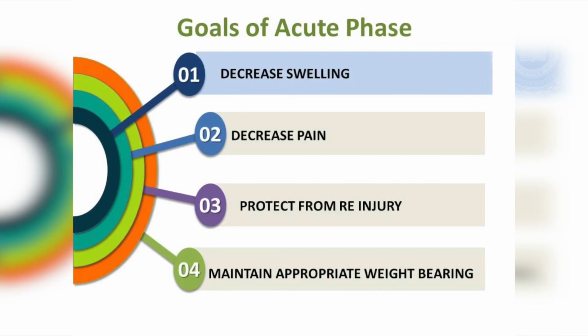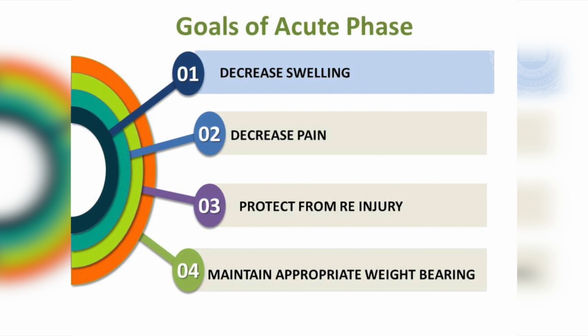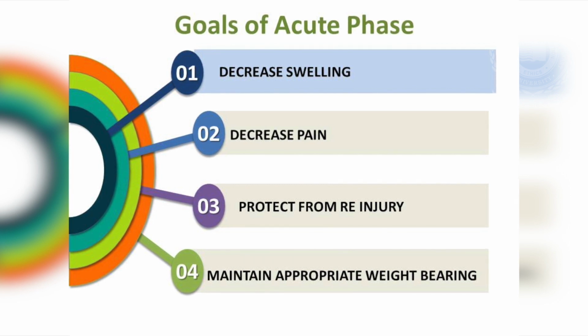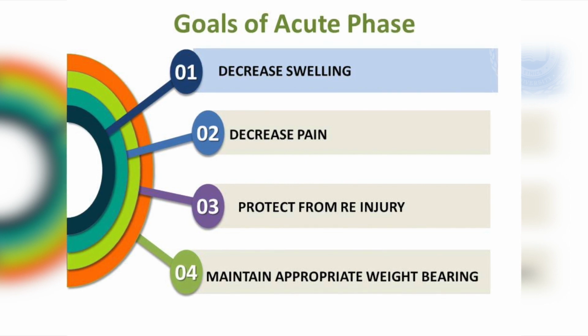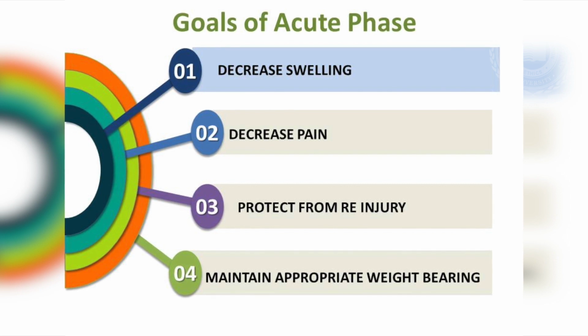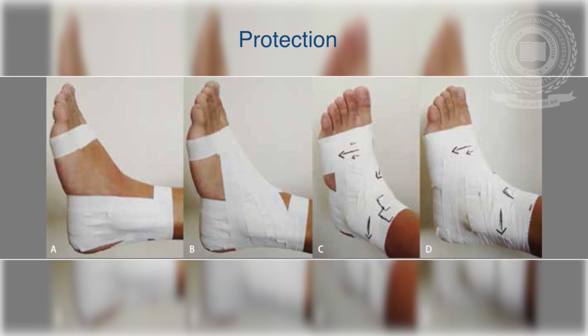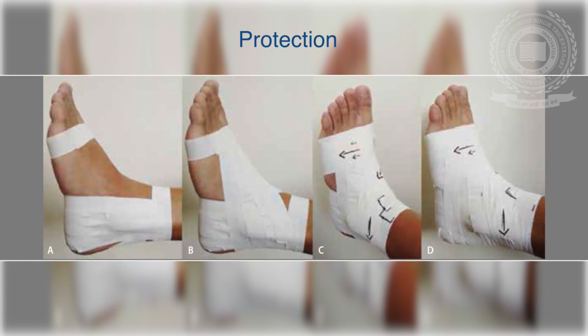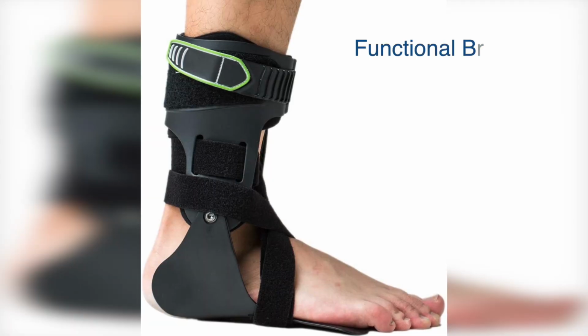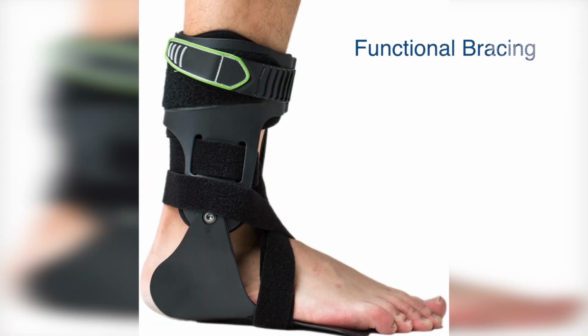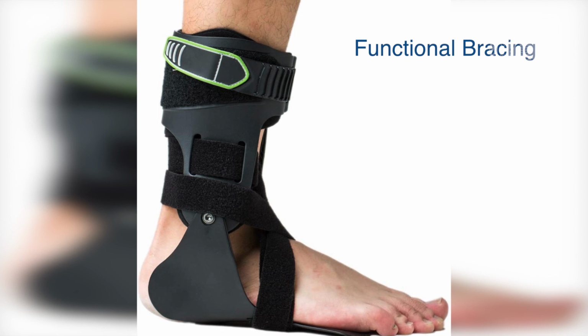The goals of rehabilitation in the acute phase are, number 1, decrease swelling, number 2, decrease pain, number 3, protection from re-injuries, number 4, maintenance of appropriate weight bearing status. First, protection. Protection is done by the taping technique, the rigid taping technique we can apply, functional bracing we can apply, and thirdly, rest.